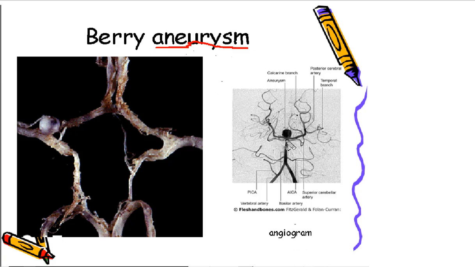Now these berry aneurysms are responsible for about 10% of strokes, because of rupture of these berry aneurysms. Usually they are about 5 to 10 millimeters in diameter, and in 5% of the population it's a routine autopsy finding.